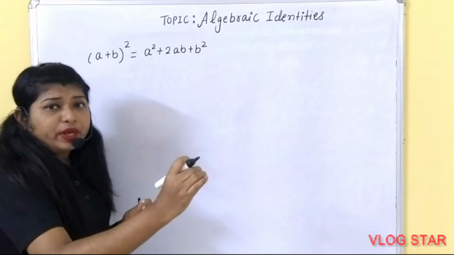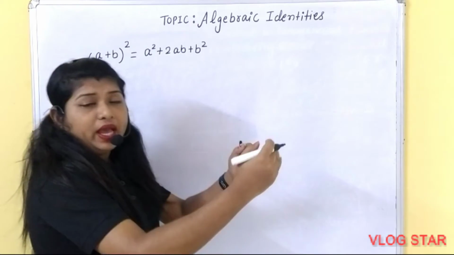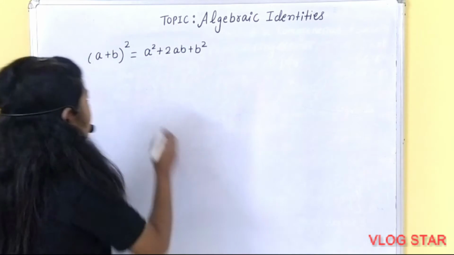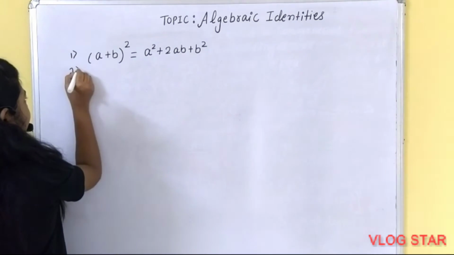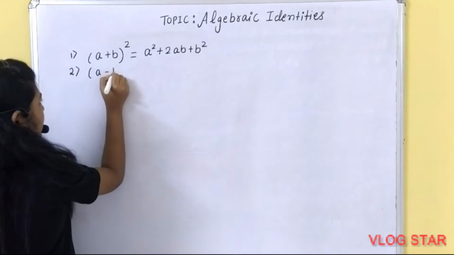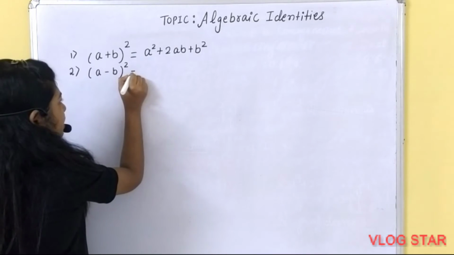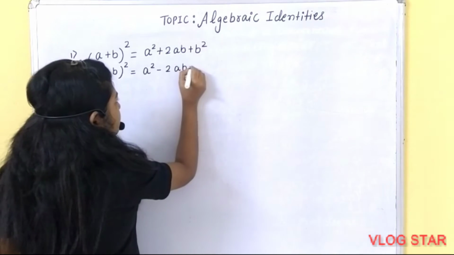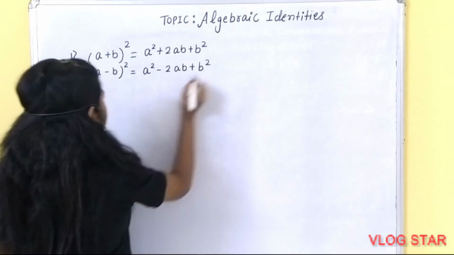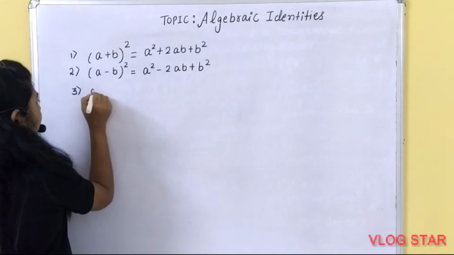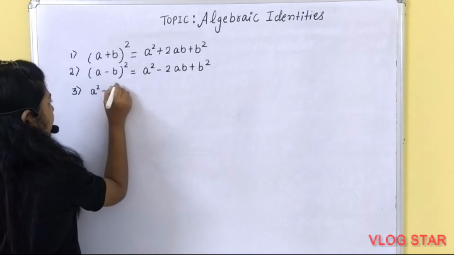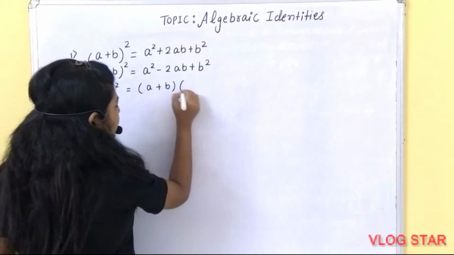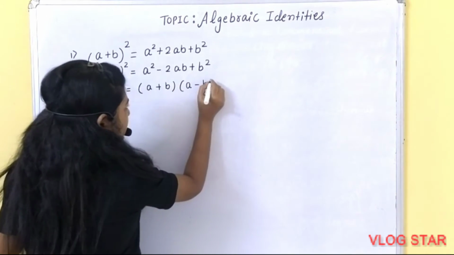You need to remember: (a + b)² = a² + 2ab + b². Similarly, the second important identity is (a − b) whole square, given by a square minus 2ab plus b square. And the third identity is a square minus b square, which is equal to (a + b) in the first bracket and (a − b) in the second bracket.